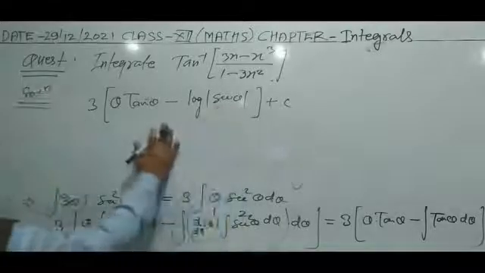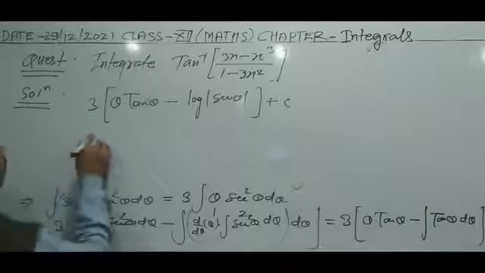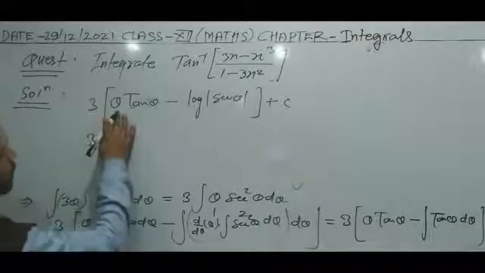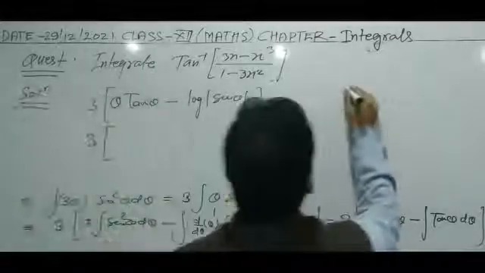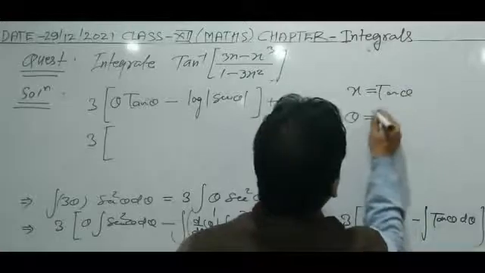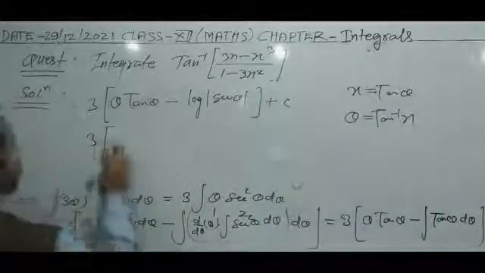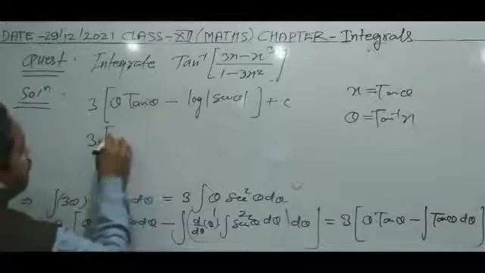So this one what we can write, 3 times theta result: we have considered x is equal to tan theta. This implies theta is equal to tan inverse x. So 3 times this is x and this is tan inverse x.